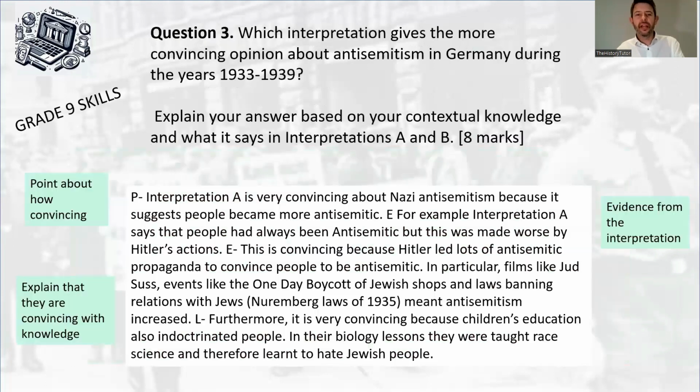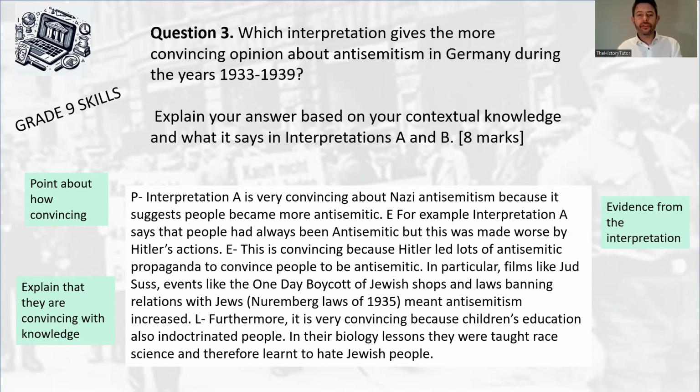Okay, so here we are. Here is an example. So you can see I've gone for very convincing about Nazi anti-Semitism because it suggests people became more anti-Semitic. Okay, give some evidence. For example, interpretation A says that people had always been anti-Semitic, but it was made worse by Hitler's actions. And then this is convincing because of lots of knowledge. Okay, so I've mentioned Jud Süß, the film, the one-day boycott of Jewish shops, the Nuremberg Laws, spreading all that anti-Semitism.